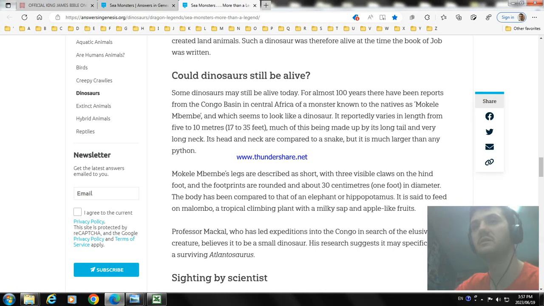The legs are described as short with visible claws. Footprints are reported to be round, up to 30 centimeters, 1 foot in diameter. The body is compared to an elephant or hippopotamus, and it is said to feed on Malombo, a jungle climbing plant with sap-like fruits.